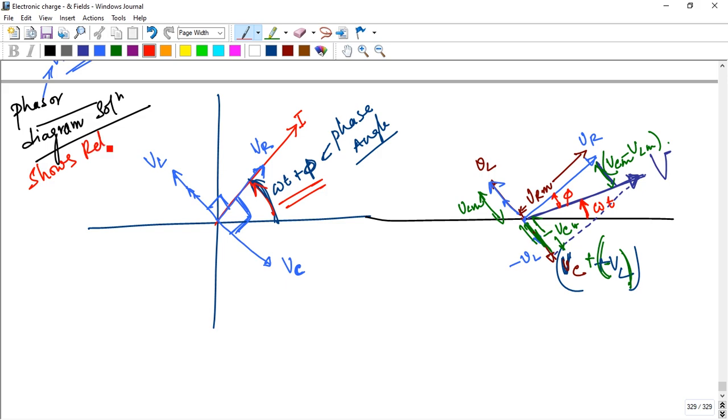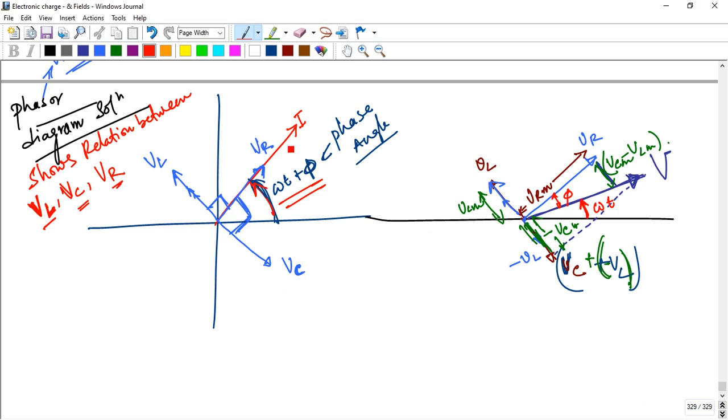The relation between the voltage phasor across the inductor VL, VC, and VR. These are three voltage phasors: the inductor voltage phasor, the capacitive voltage phasor, and the resistive voltage phasor. Clear?